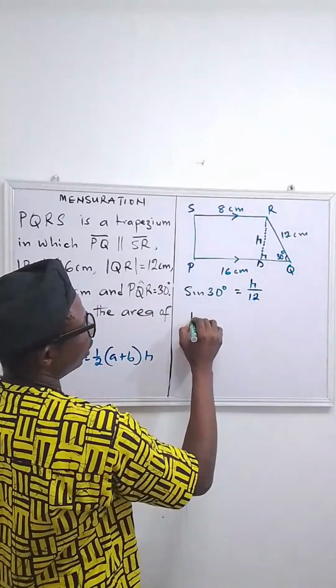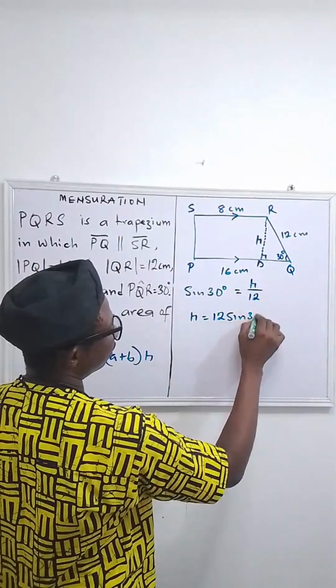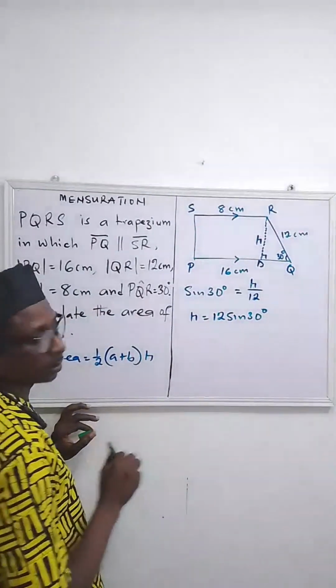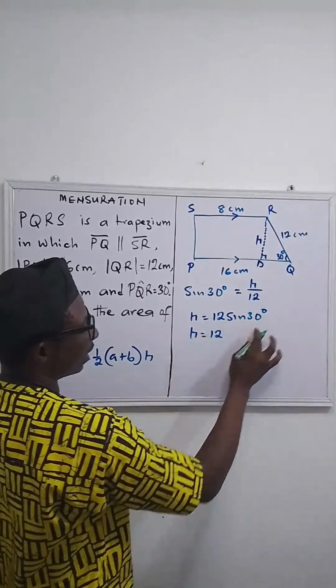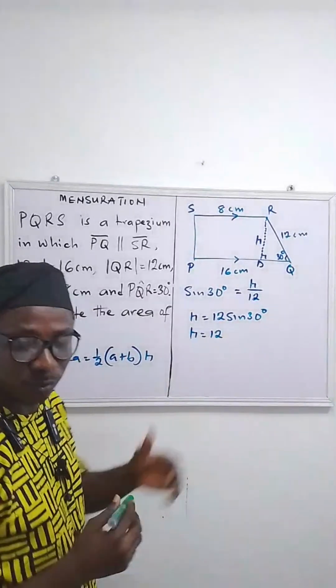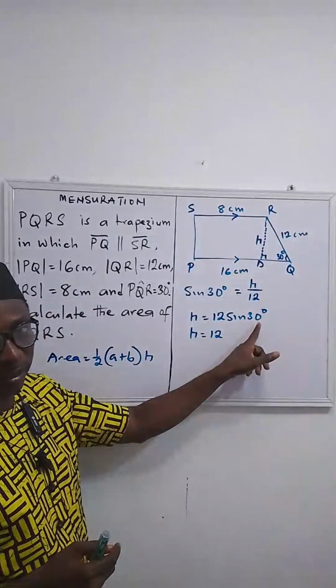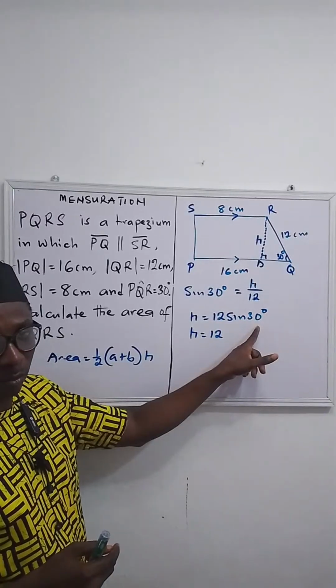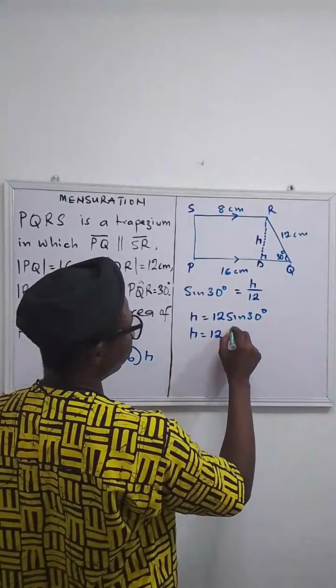You have H equals 12 times sine 30 degrees. Now, what is sine 30 degrees? You don't need to punch your calculator here. It is a special angle. Sine 30 degrees is 1 over 2. I hope you know that. Okay, so that is 1 over 2.